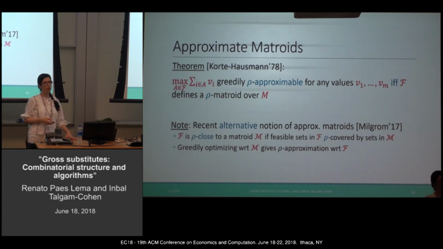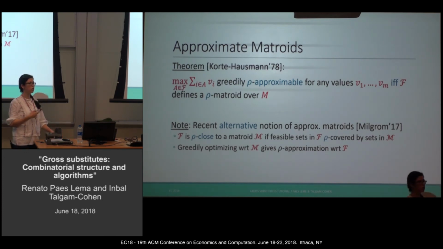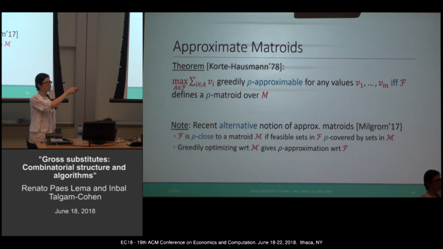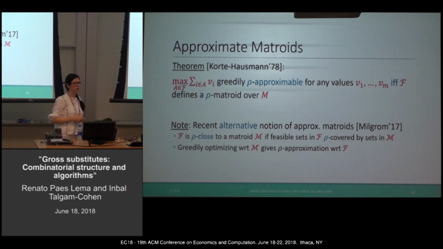And if this holds, if I have this rho matroid structure, this is an if and only if condition for the problem that we were interested in being rho approximable by greedy. Okay, so this is a characterization of the combinatorial structure that we need for greedy to get us 95%.